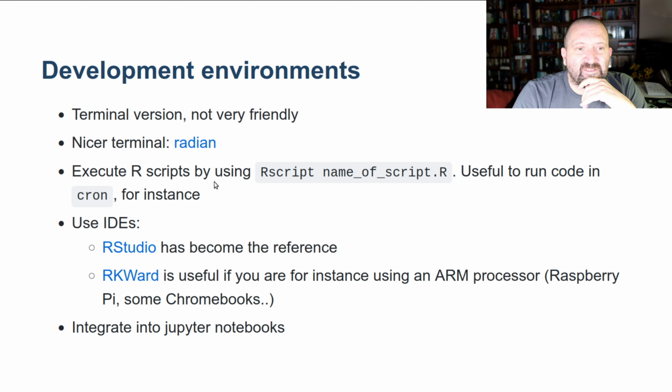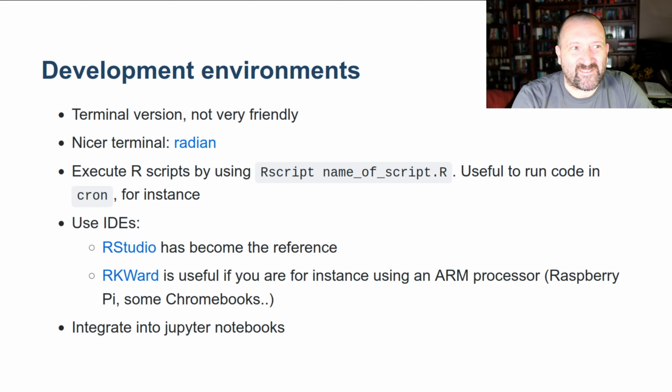And finally, there's a bunch of IDEs, integrated development environments, the most well-known of which is RStudio, which is what I will use later to show you some code. RKWard is useful, in particular if you're running Raspberry Pis or some Chromebooks that have ARM processors, for which RStudio is not compiling versions.